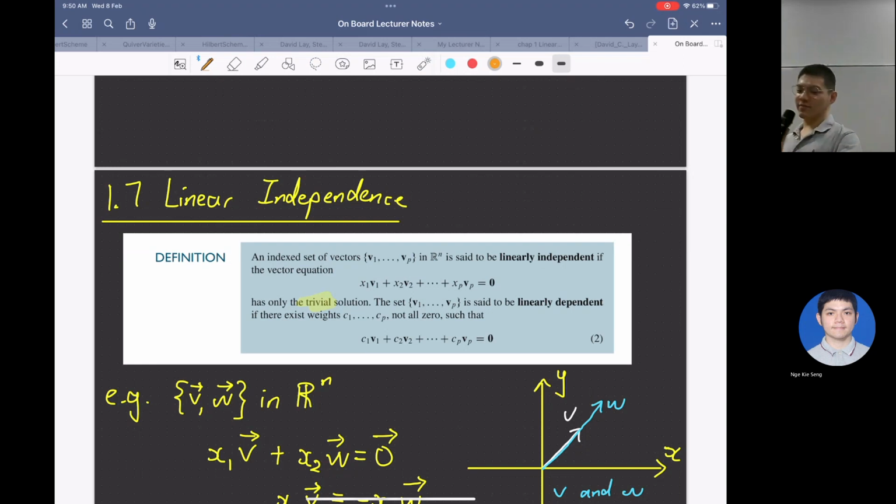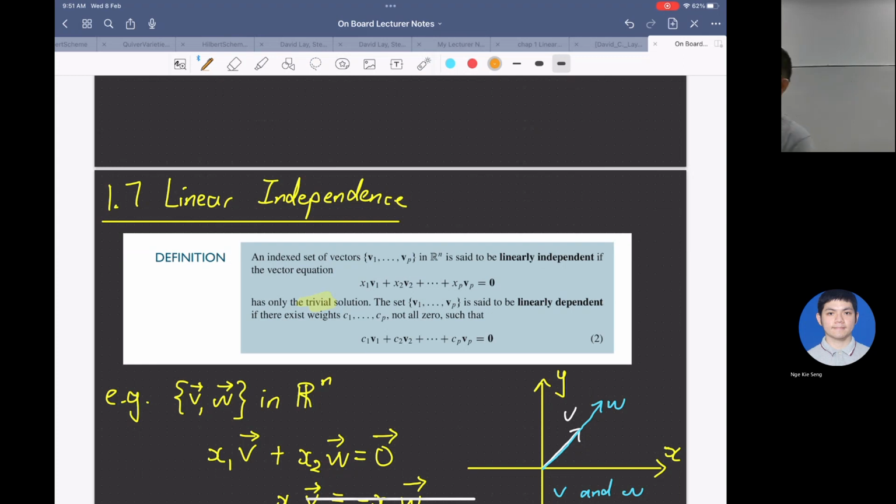So what does linear independence mean to you? Say again. Oh, you mean the vector equation set to 0 only has the trivial solution? Linearly independent.